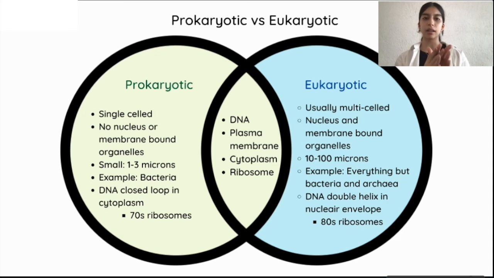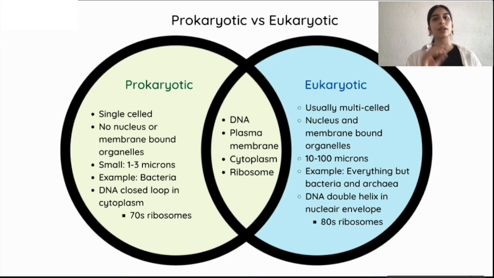The prokaryotic cells have no nucleus or membrane-bound organelles. In contrast, the eukaryotic cells do have a nucleus and membrane-bound organelles. The prokaryotic cells are smaller. They are 1 to 2 to 3 microns, while the eukaryotic cells are 10 to 100 microns.